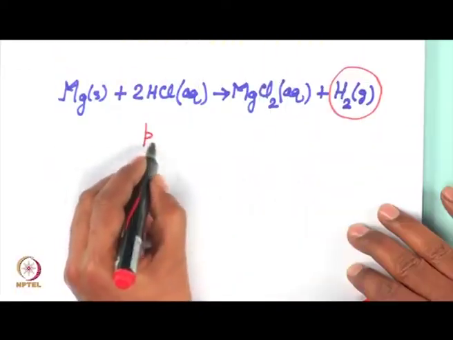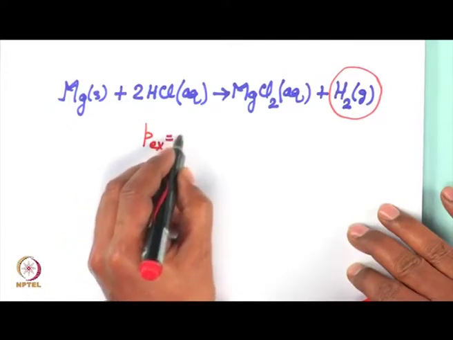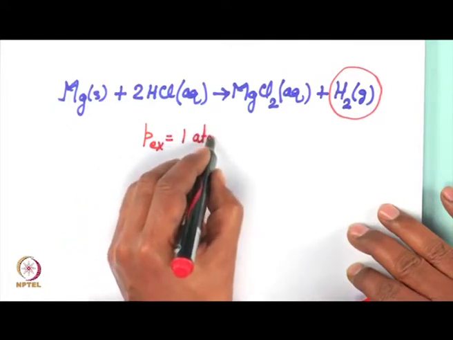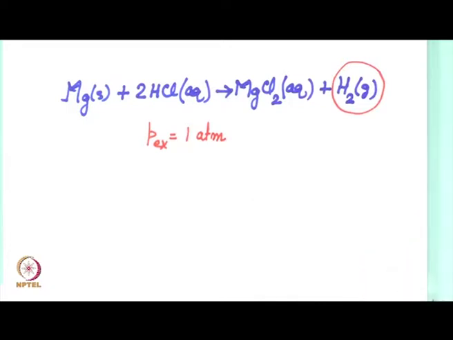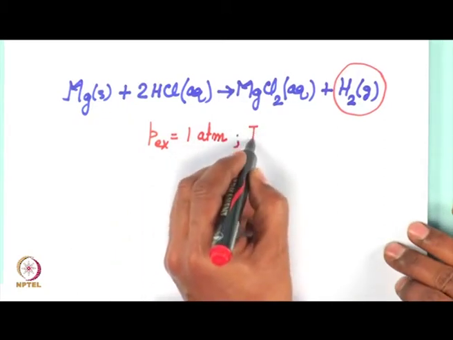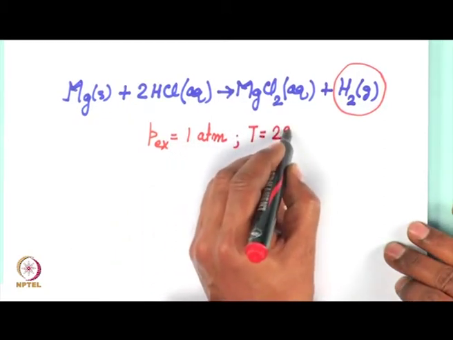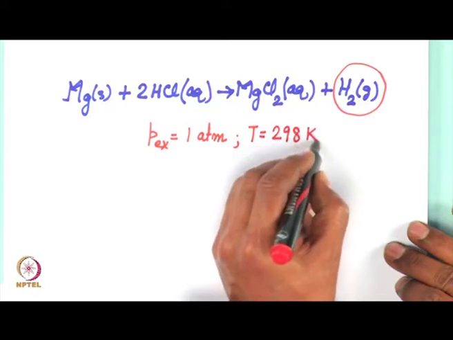That means the P external here is equal to 1 atmosphere, that is fixed. Therefore, the process is going to be irreversible, and the other information given to you is T is equal to 298 Kelvin, 25 degrees centigrade.